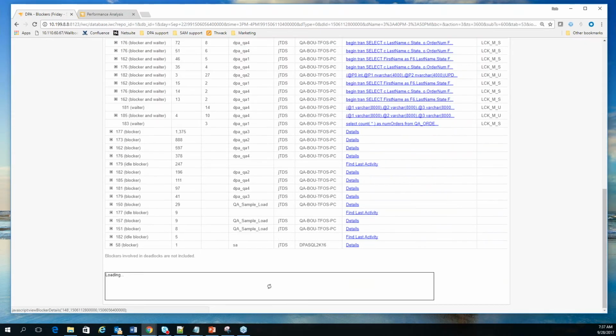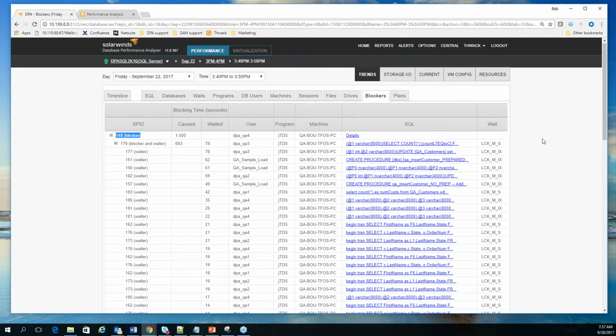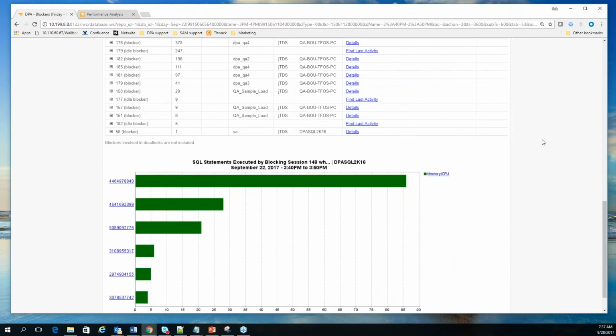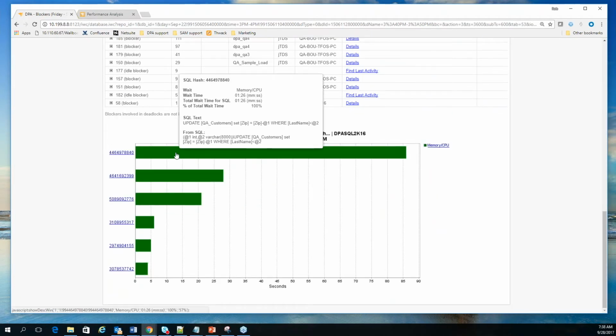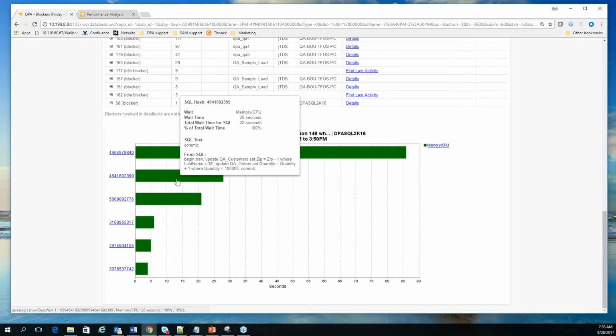If I want details about what that bad guy was running during this time frame, I click on details, and then I get a list of SQL statements that he was running during this time frame and how long they ran. Some fantastic information to fill in all those gaps so that you can do the forensics or the analysis that you need to determine what's causing the issues.